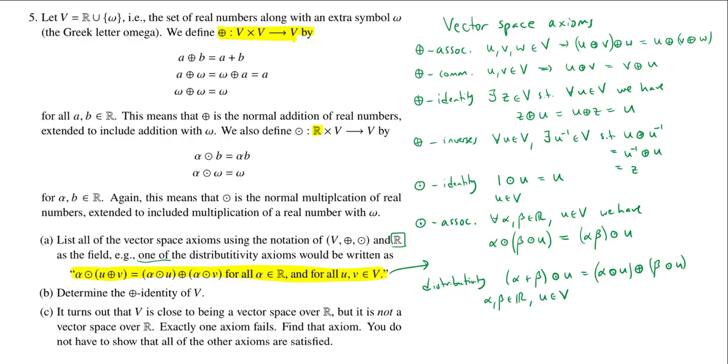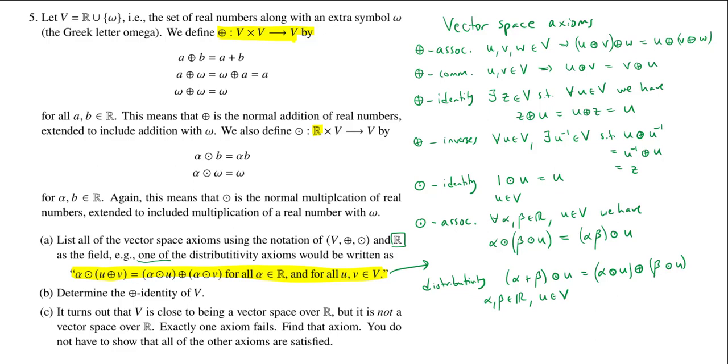So let's go up to our definition. The first thing is that if we take two real numbers and their O plus, it's regular addition. And we already know the additive identity for regular addition is 0. But there's this omega in the game.